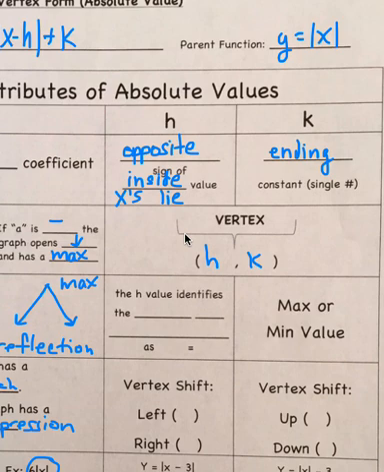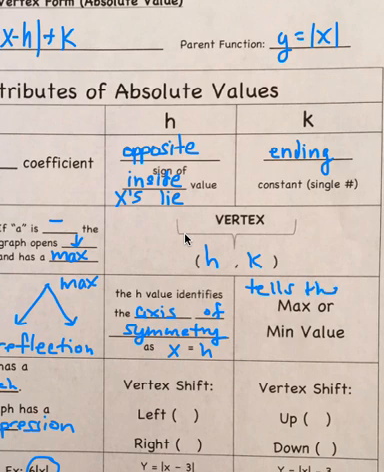The h identifies the axis of symmetry. The axis of symmetry is x equals h. And the k value tells the max or the min value.